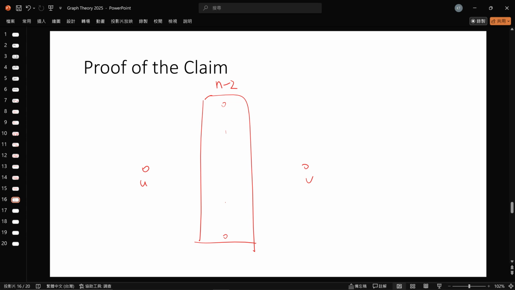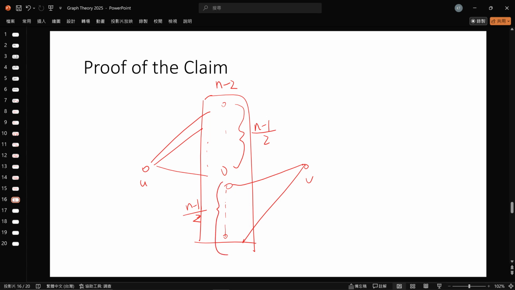So u is adjacent to at least (n minus 1) divided by 2 vertices here, and similarly, v is adjacent to at least (n minus 1) divided by 2 vertices in the set.